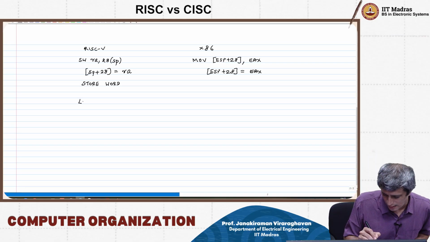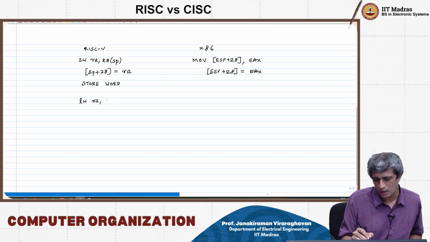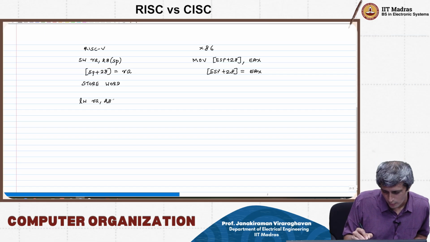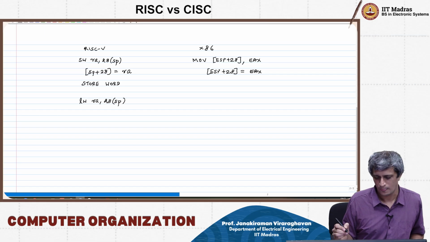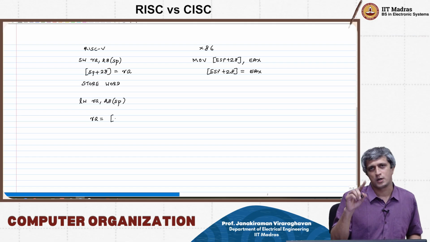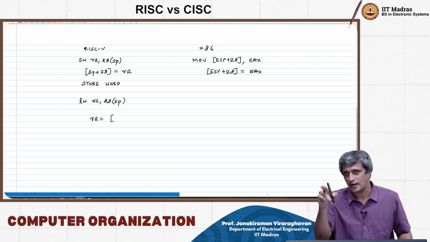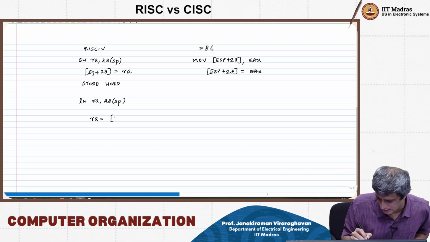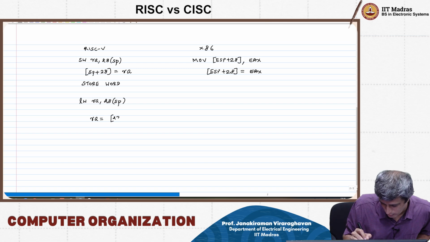Then you also have a corresponding instruction called load word, lw ra, 28(sp). What is this? It is basically saying ra is equal to computing sp plus 28, treating it as an address, and from that address getting this 32-bit data.